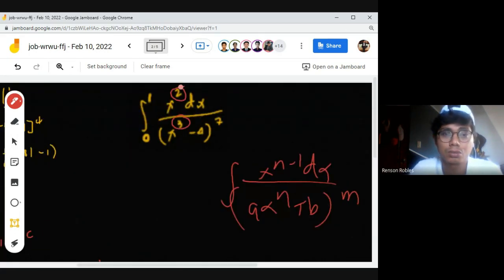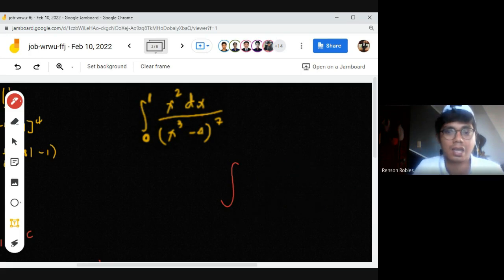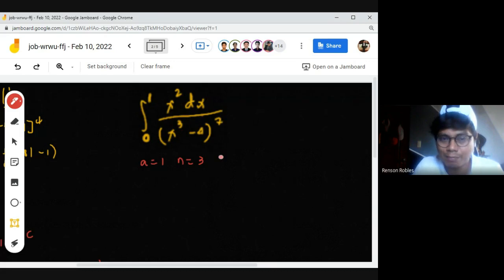You know that this is 2. So yeah, it follows this form. Okay. So you have a is equal to 1, n is equal to 3, a is the coefficient of x, n is equal to 3, the power of x, and m is 7. And then you have m minus 1, which is 6.